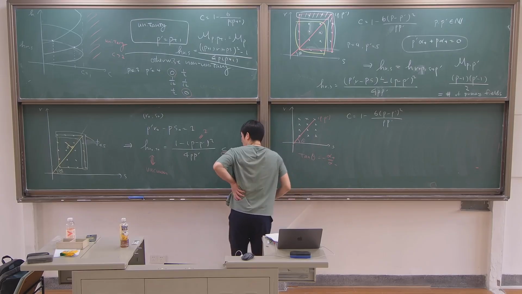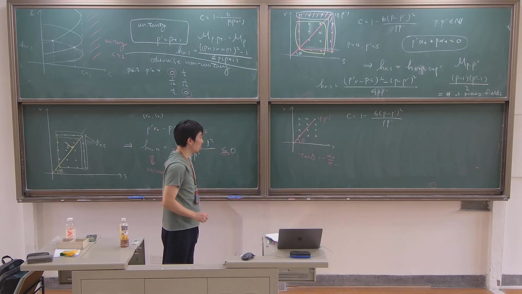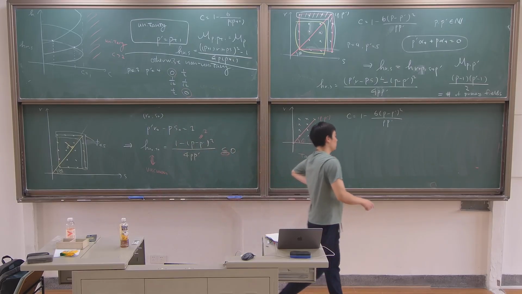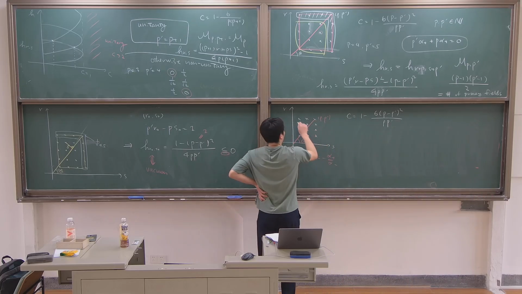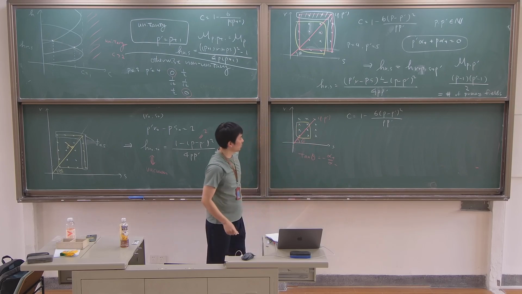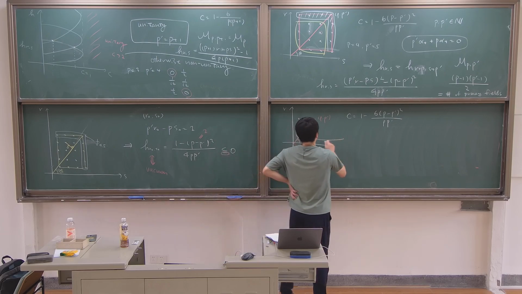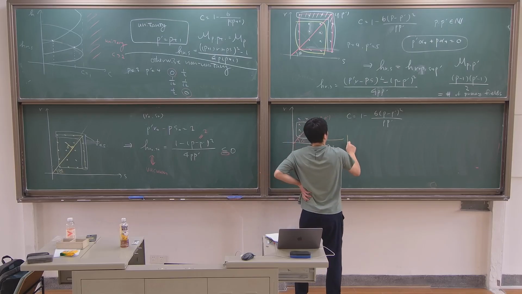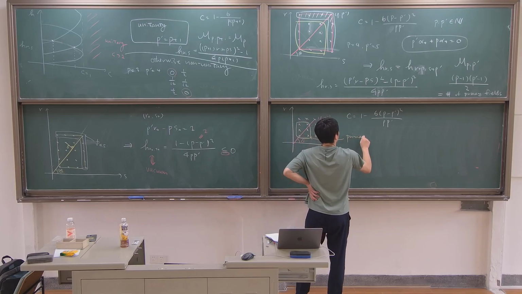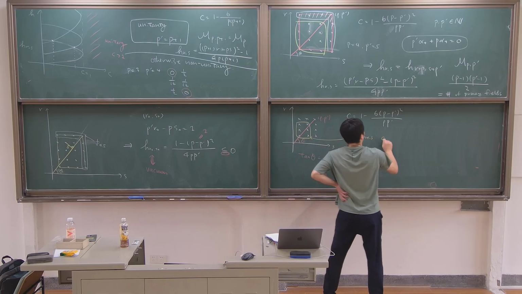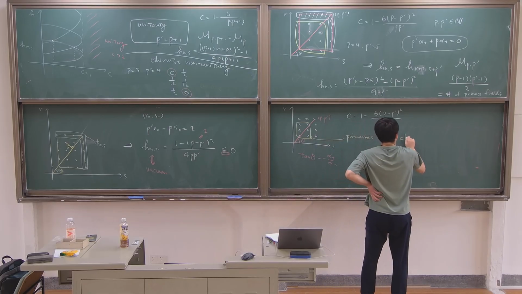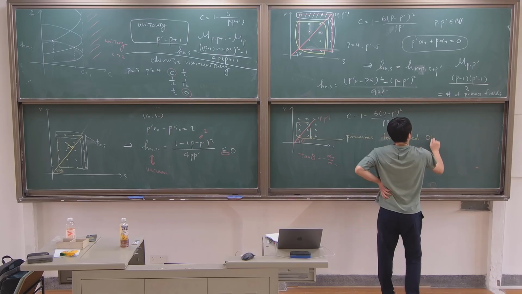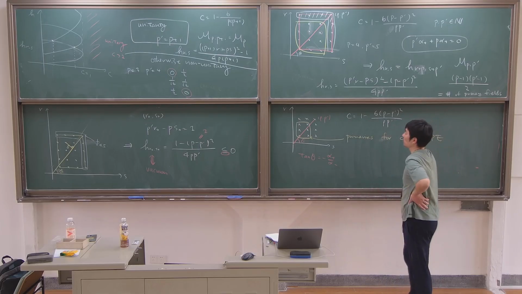Okay? And you consider the primary fields only, so you just draw with the edges only inside the square. So the primaries here form closed OPE. Closed OPE.